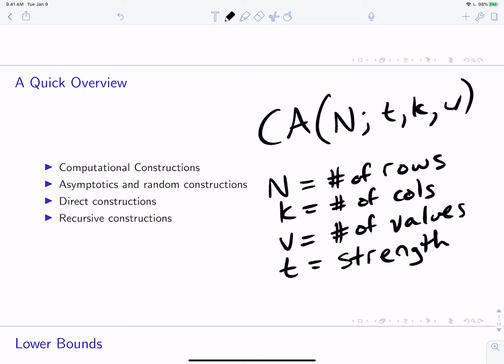The example we did a while ago had T equal to 2, but we're working with general T here.